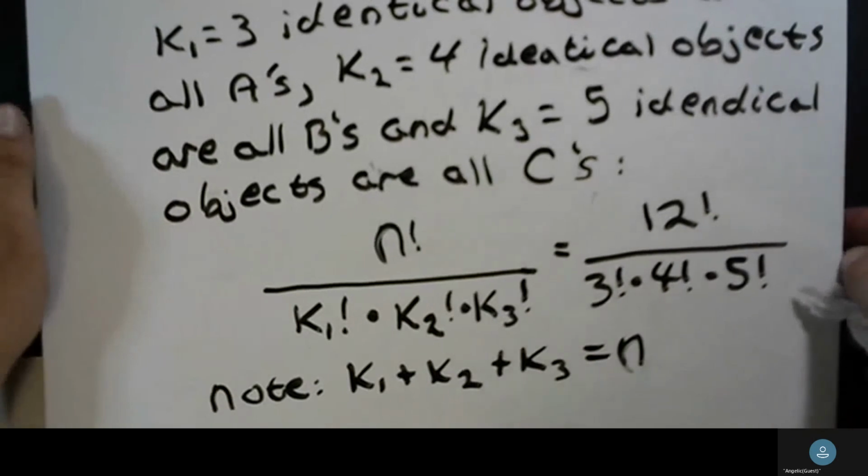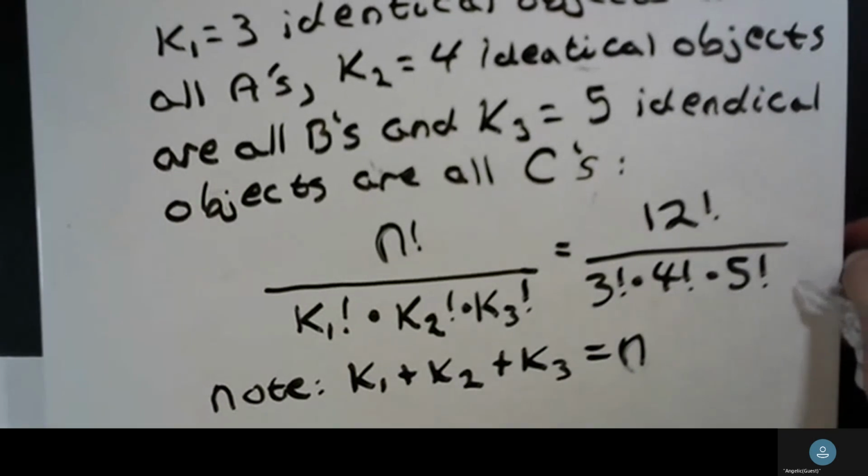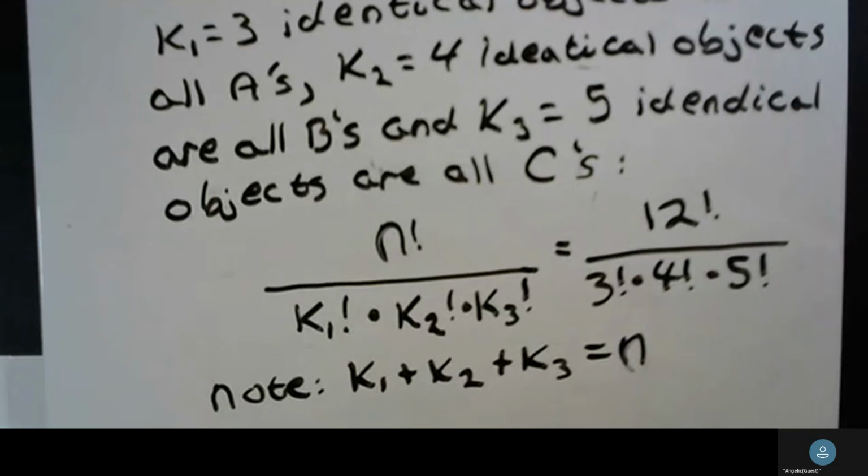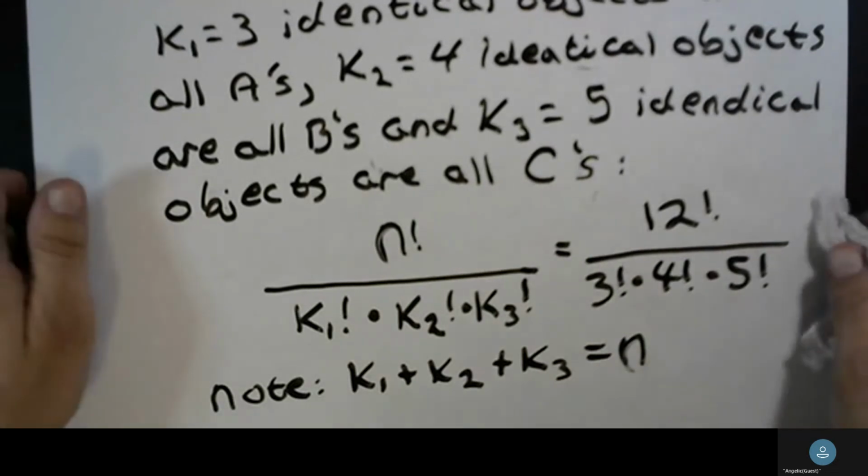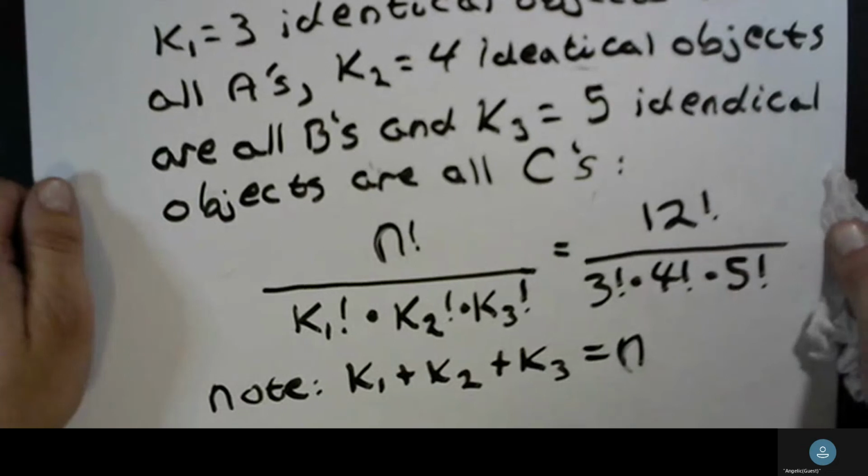So what's going on here? So what it is, and I'll go through some illustrations, sort of distinguishable versus indistinguishable. So you kind of see what we're trying to count.